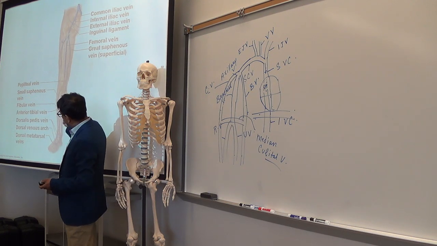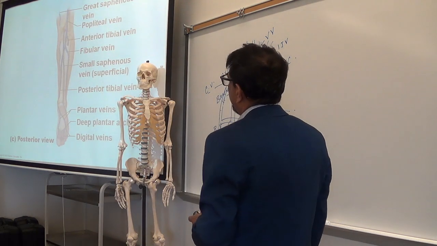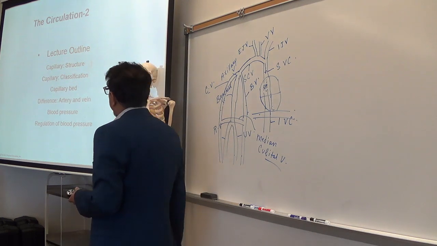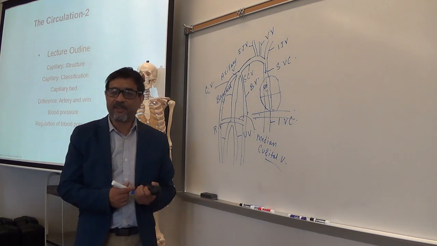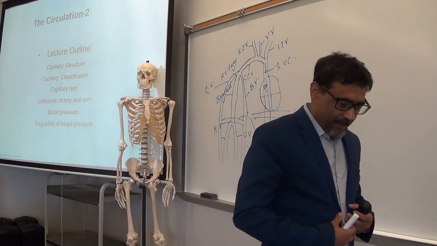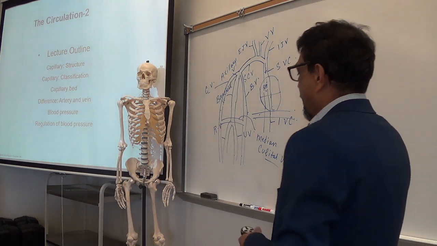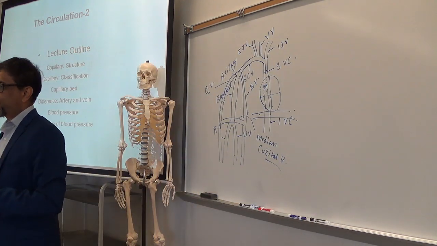Okay. So that's the venous system in the body. Now we'll talk about the capillaries. Capillaries are the blood vessels where the exchange takes place.